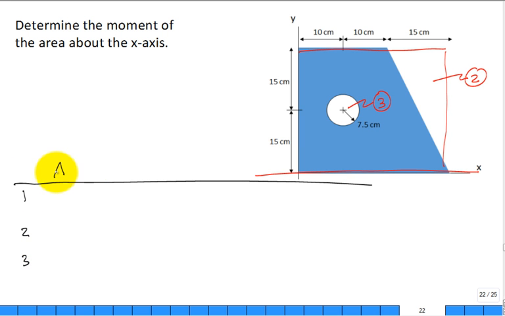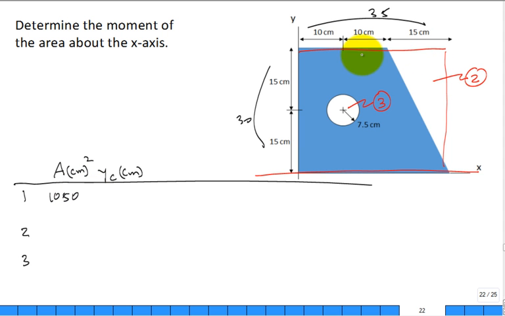What we want is area, and then we'll get y sub c in centimeters, and this area was in centimeters squared. So the area for the first is 30 times 35. Here's 35, and here's 30. And so you pick up 1050 centimeters squared. The triangle is 1/2 times 15 times 30, and that picks up 225.